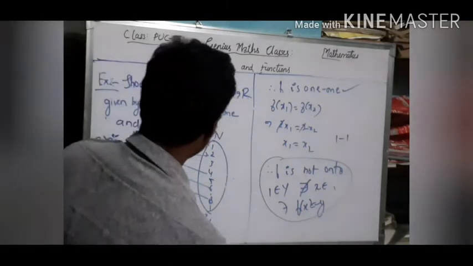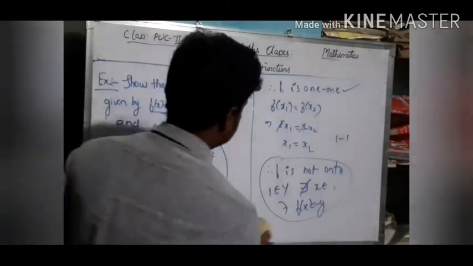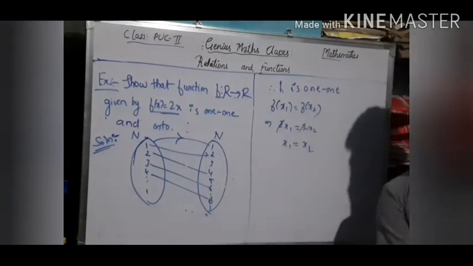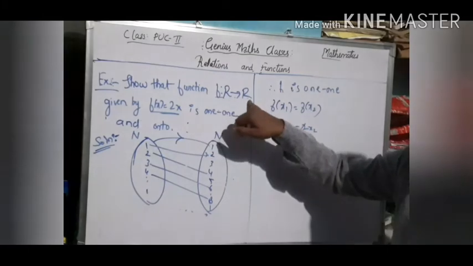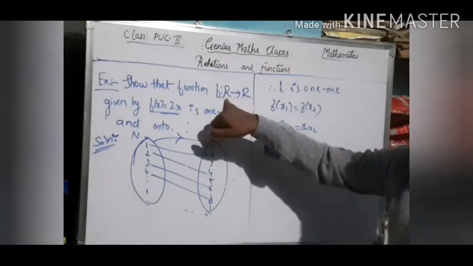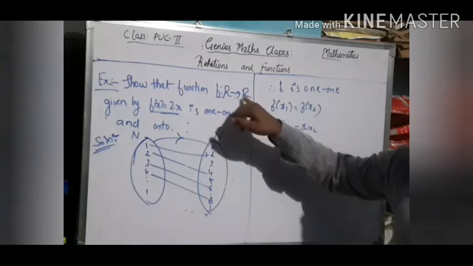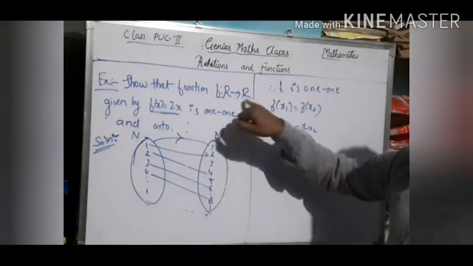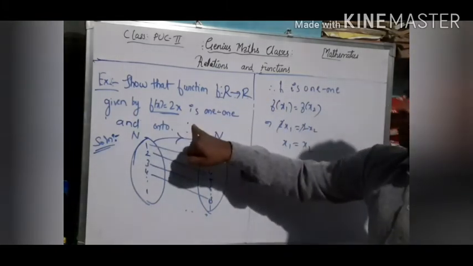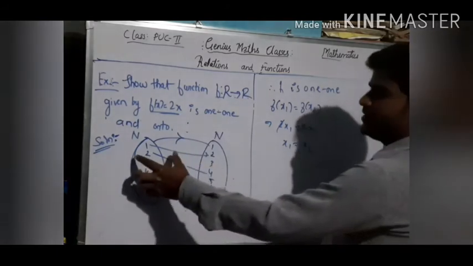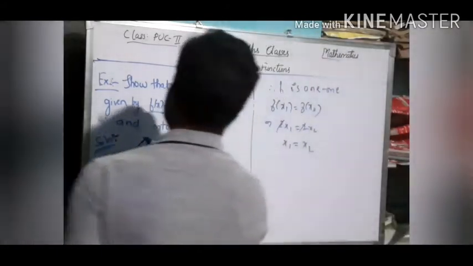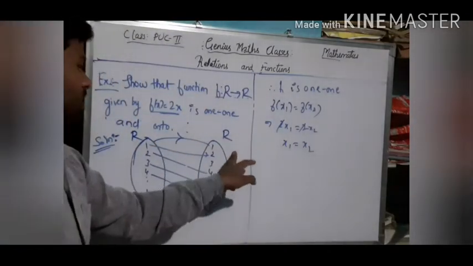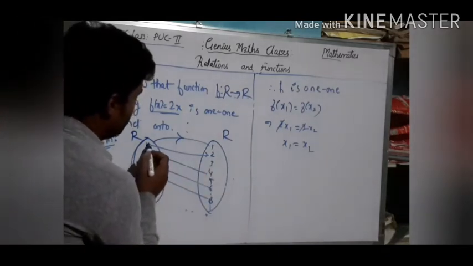Why? Because I am changing the domain and codomain to real numbers. In the previous example, I defined it from natural numbers to natural numbers, and it was one-one but not onto. But now, when I define f from R to R, it is one-one and onto.